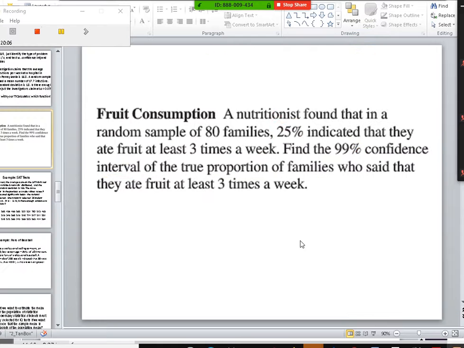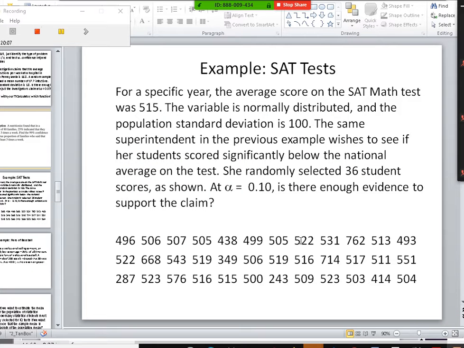Great. Next, Angela, go ahead and read this one. The variable is normally distributed and the population standard deviation is 100. The same superintendent in the previous example wishes to see if her students scored significantly below the national average on the test.